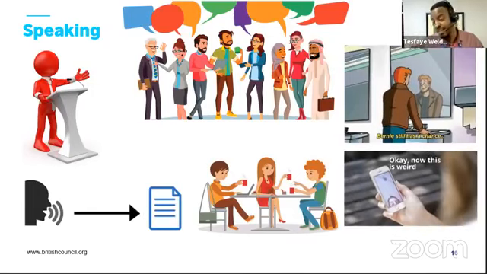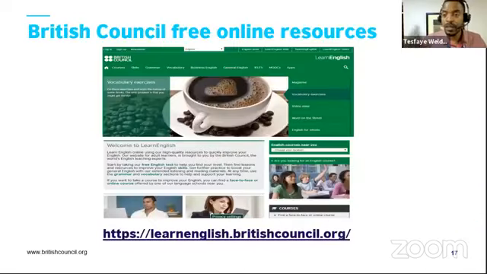And thanks to technology, you can record yourself and look at yourself again, and maybe self-reflect. That's a great opportunity as well to use your phone camera to record yourselves talking about any topic of your interest.